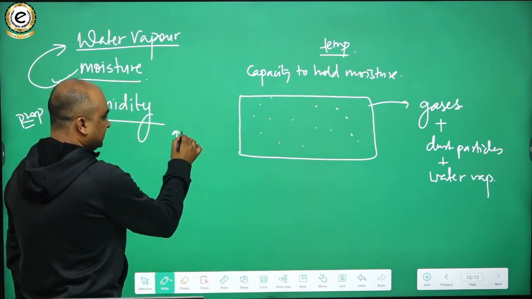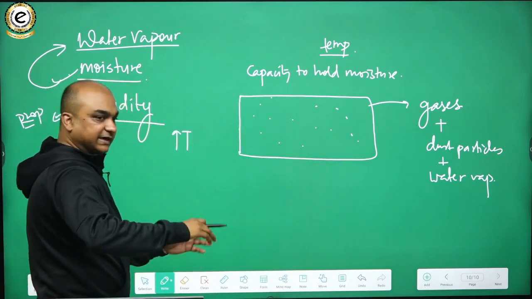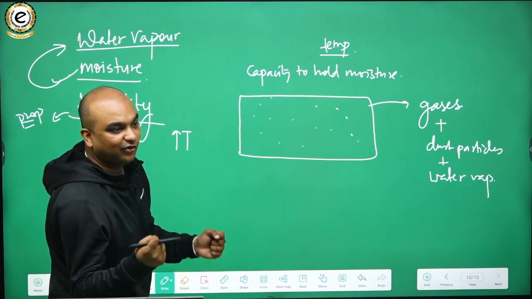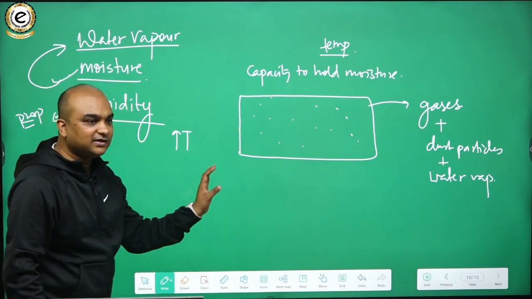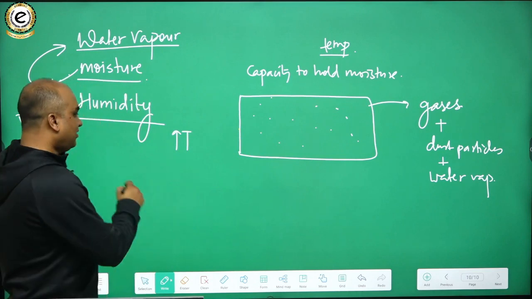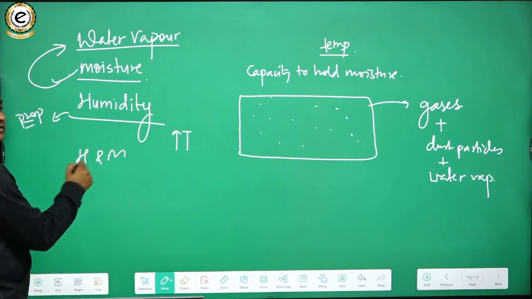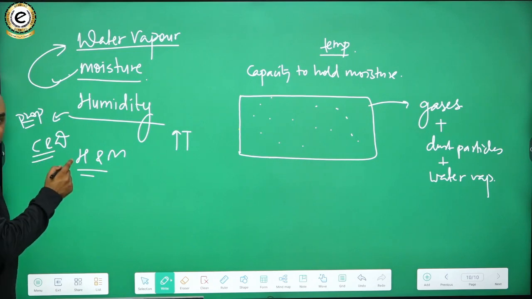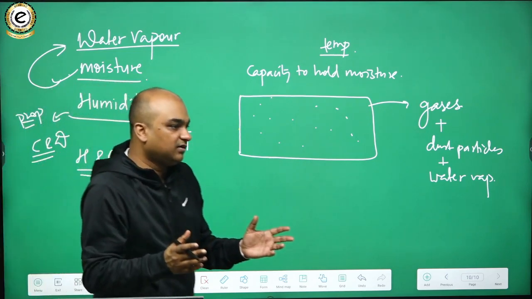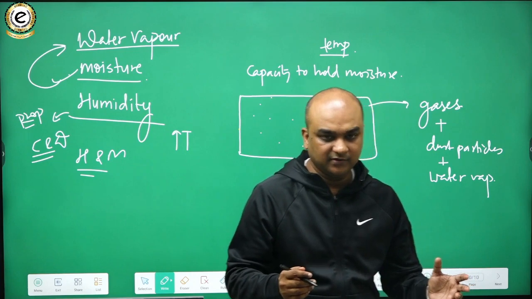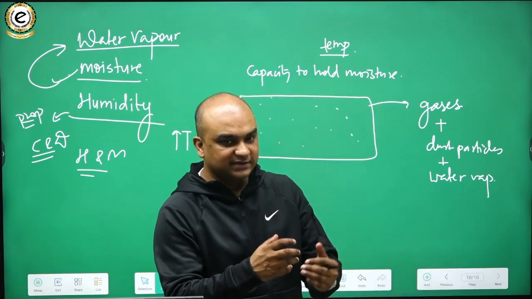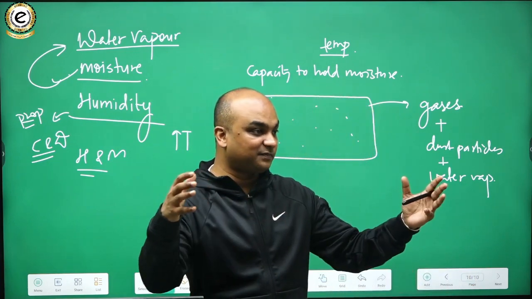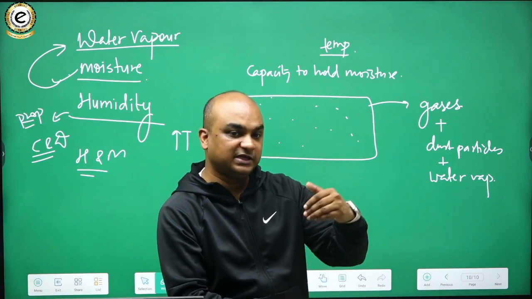Hotter the temperature, greater is the moisture holding capacity. आपने पढ़ा है कहीं? आपने हमेशा पढ़ा होगा hot and moist air parcel, cold and dry air parcel. ये होता है ना? The summer season is how? It is a hot season, but it is also a season when there is good amount of moisture present in the atmosphere, especially the late summers.